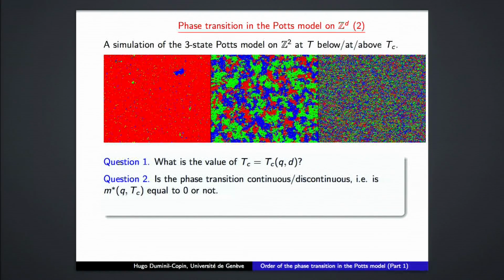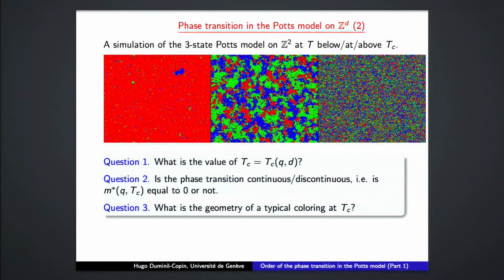And that's good for you because from an aesthetic point of view, that's the nicest picture as well. So that's good. And the last thing, the question which is related to what I just said: if I can understand whether the magnetization at the critical temperature is zero or not, then the next question is, well, if it's zero, then it's wonderful. From the physics and the mathematical point of view, it's a beautiful world that is unraveling in front of you, because continuous phase transitions exhibit very rich geometric behavior.